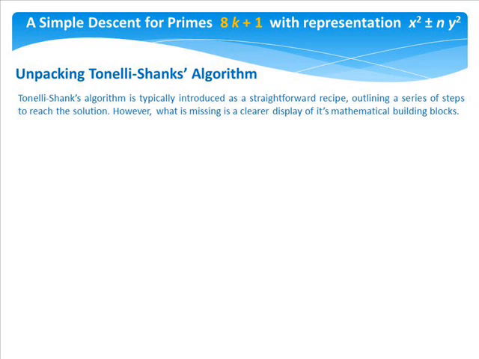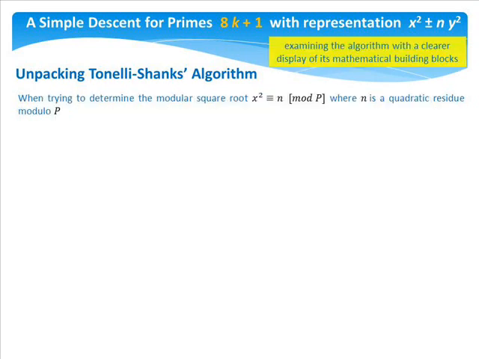This algorithm is typically introduced as a straightforward recipe, outlining a series of steps to reach the solution. However, what is missing is a clearer display of its mathematical building blocks.